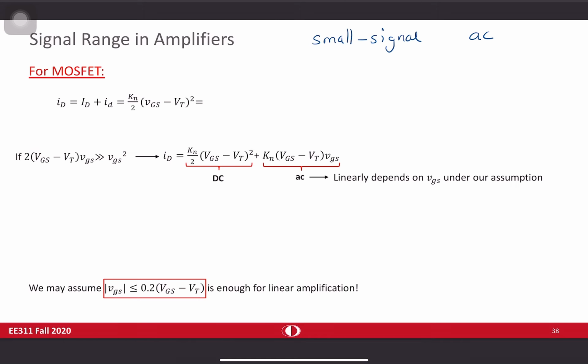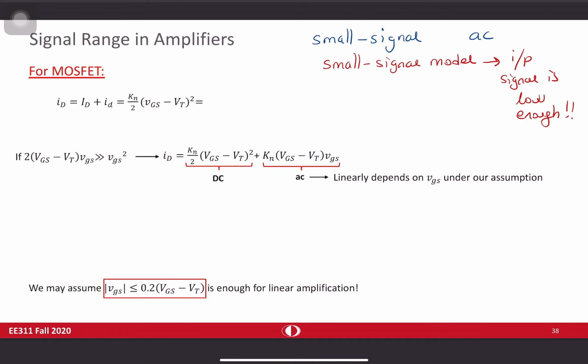And to be able to use a small signal model, that hybrid pi or T model, we have to ensure that the input signal is low enough.